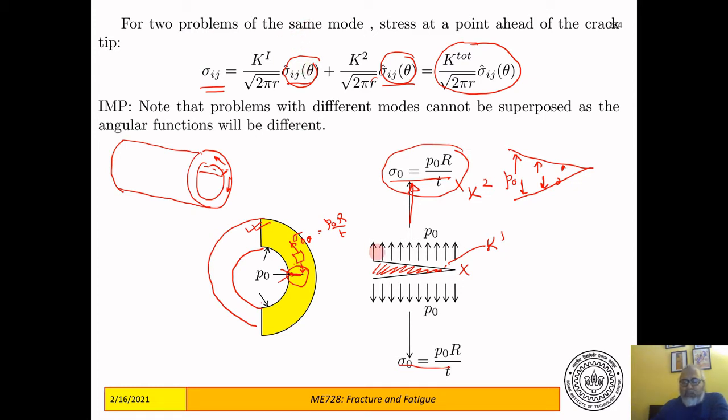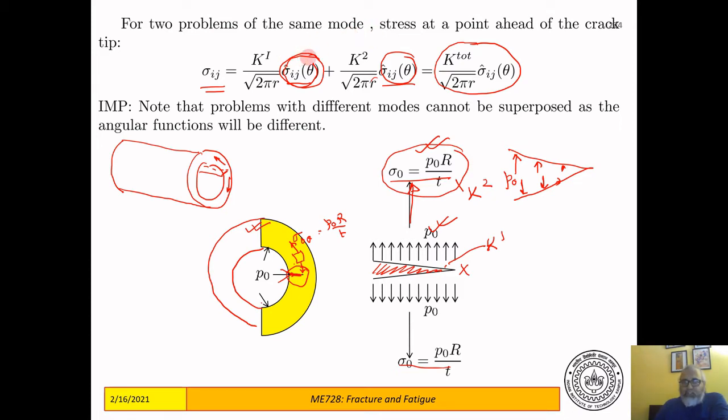In this case, this is causing a mode 1 opening of the crack. This is also causing a mode 1 opening. So both of these are the same modes which are being superposed, and these angular functions also depend on the mode of deformation of the crack.